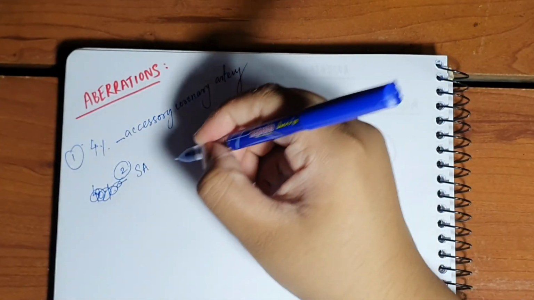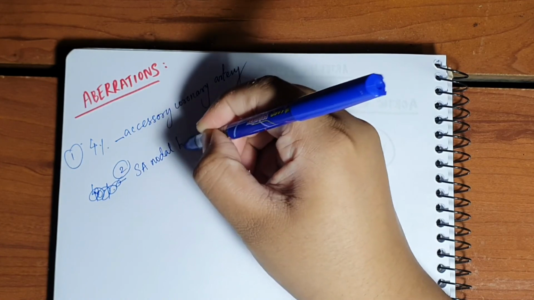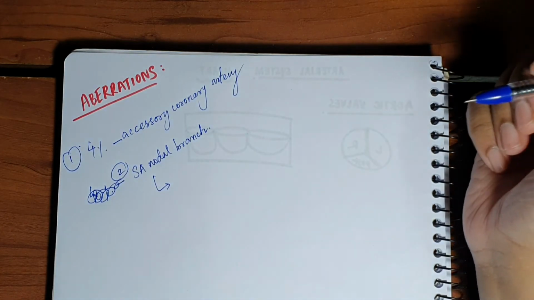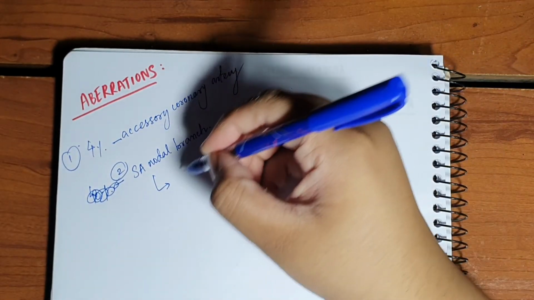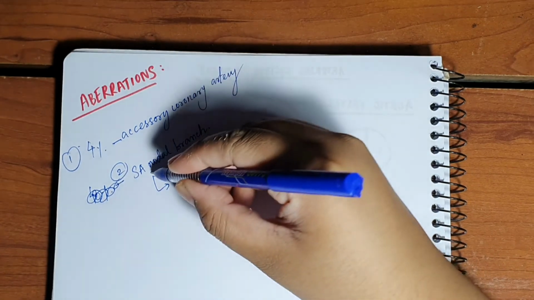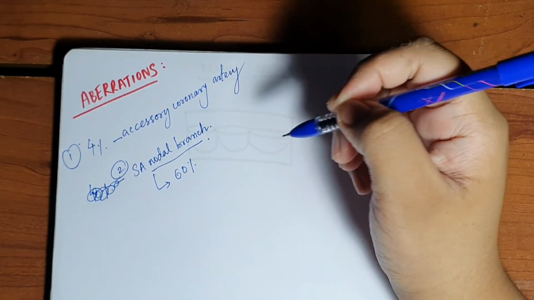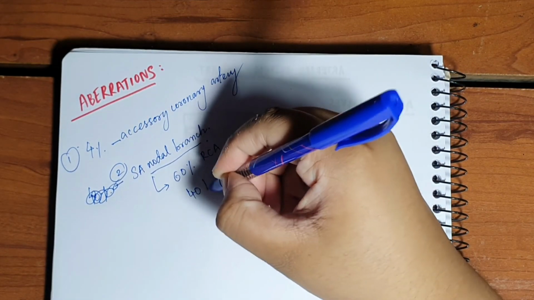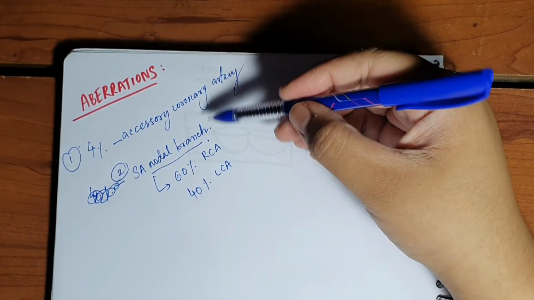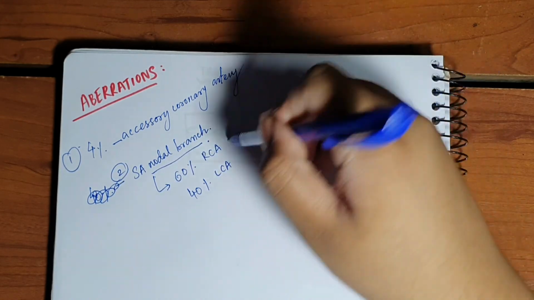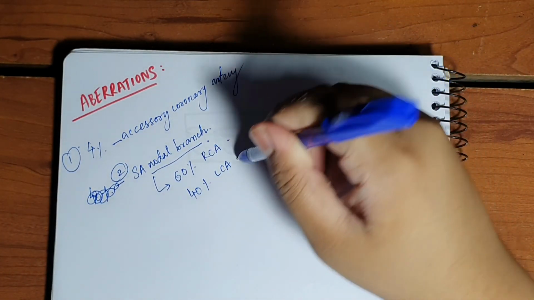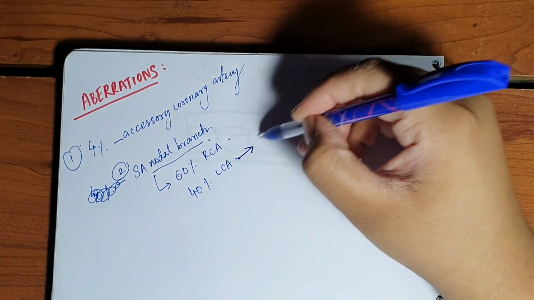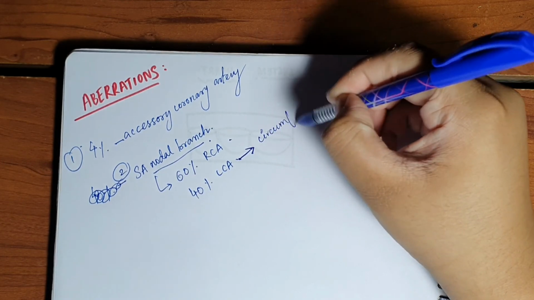The second one is the SA nodal branch we saw a few minutes back. 60% of the SA nodal branches arise from the right coronary artery and 40% from the left coronary artery. So 60% of the people have an SA nodal branch arising from the right coronary artery and 40% from the left. Now in the left coronary artery, it arises from the circumflex branch of the left coronary artery.